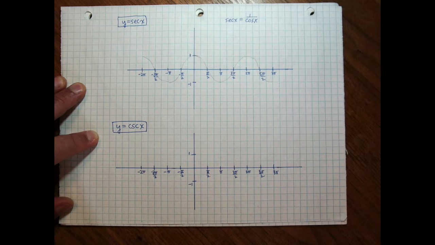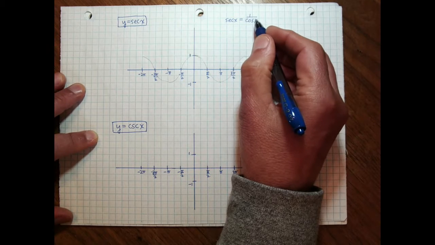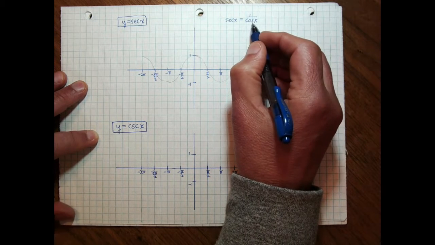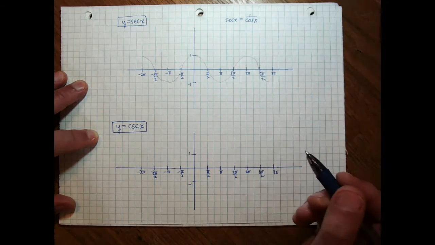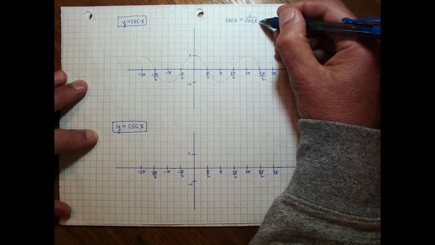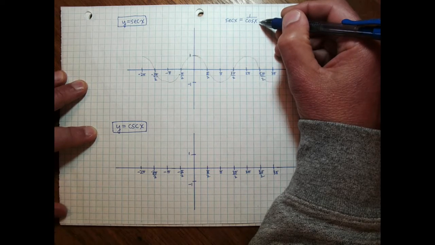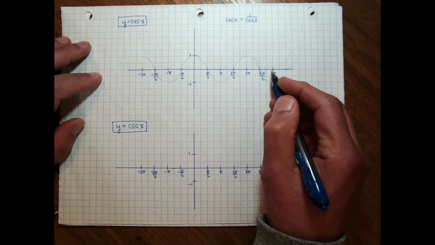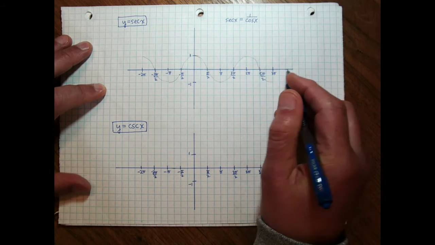Now what I want to think about doing is taking the reciprocal of cosine. And so what's going to happen is there are going to be several values of x where secant is not defined. In fact, whenever cosine is 0, I'll be trying to take 1 over 0, something that's undefined, and the graph will have a vertical asymptote, very similar to the kinds of asymptotes that we see with tangent and cotangent.